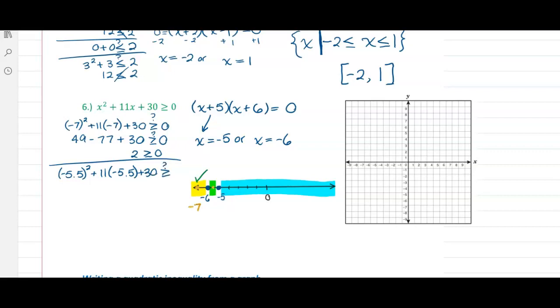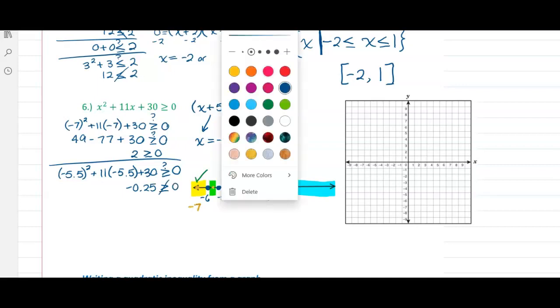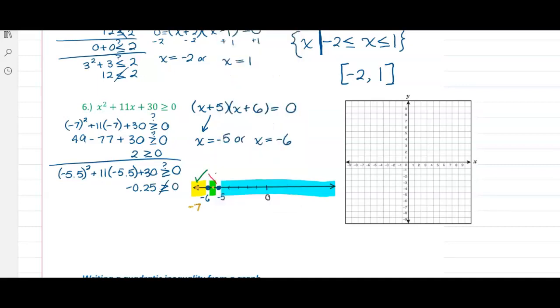Is that greater than or equal to 0? -5.5 squared minus 55 plus 30. I end up with -0.25, which is not greater than or equal to 0. So I'm not going to keep this piece of my number line.